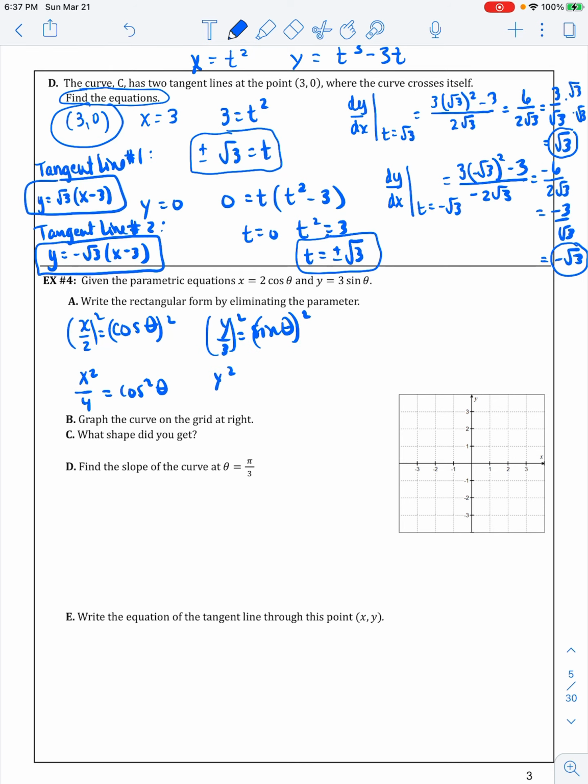We're trying to get it into the format where we can put it into a rectangular form. So we want to get rid of those thetas, and we want it to just be y and x.